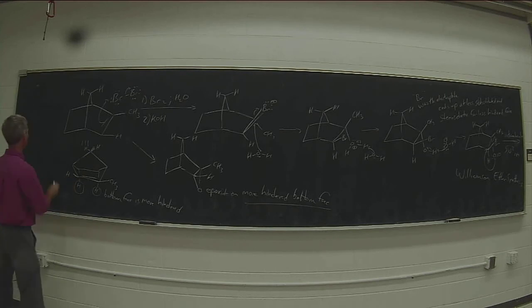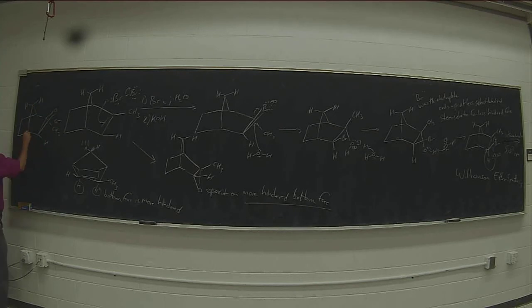What if we wanted to make the other stereoisomer where the epoxide ends up on the same side of the molecule as the bridging methylene group?